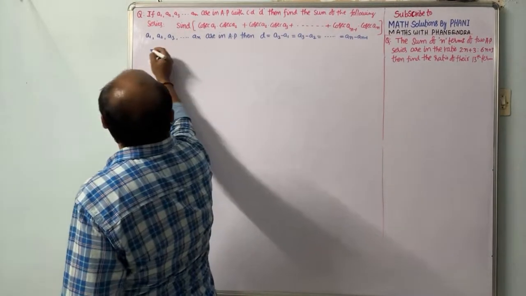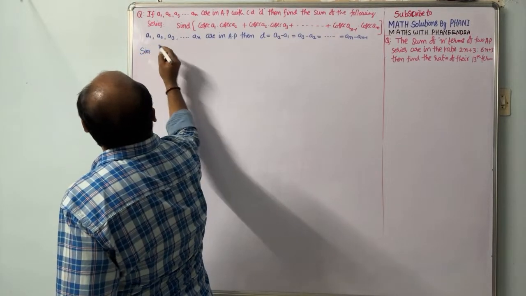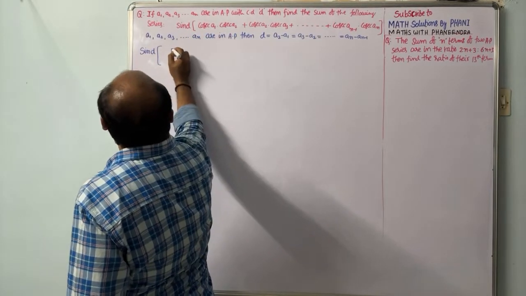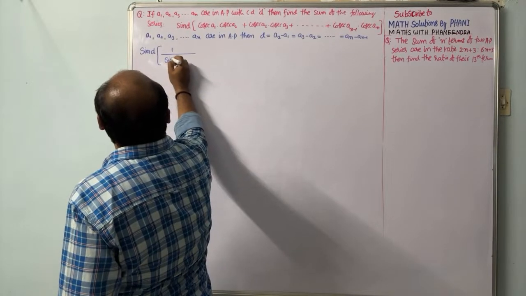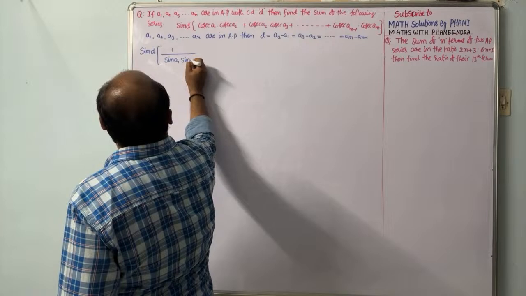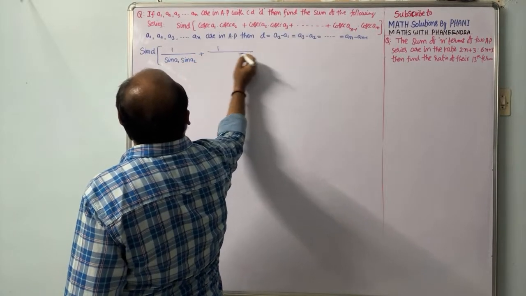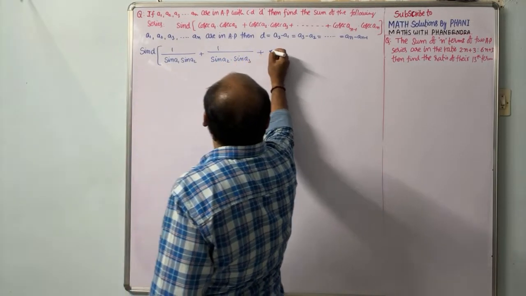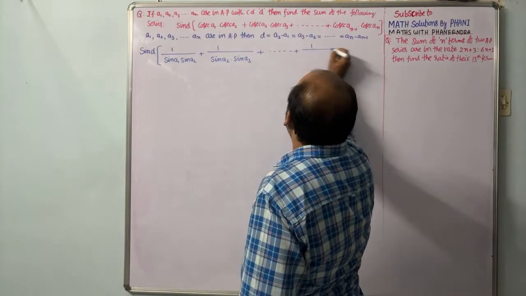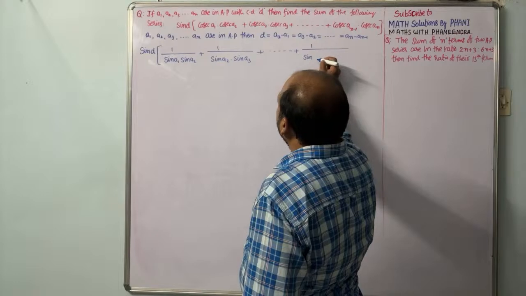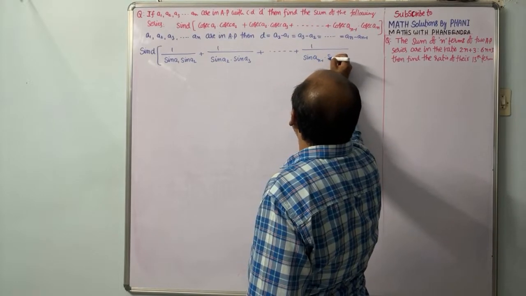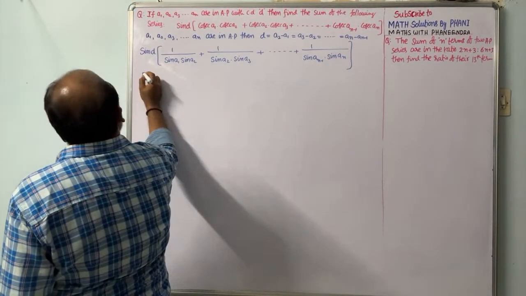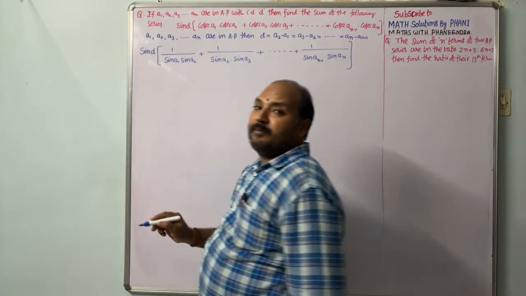Next, sin D into cosecant A1 cosecant A2, means 1 by sin A1 into sin A2, reciprocals I am writing, 1 by sin A2 into sin A3, plus and so on, 1 by sin A(n-1) into sin An. So sin D, inside the bracket you can take it.